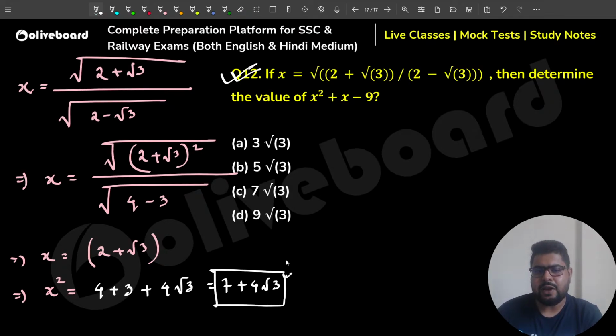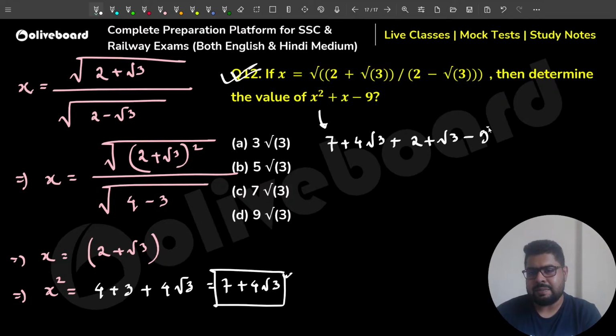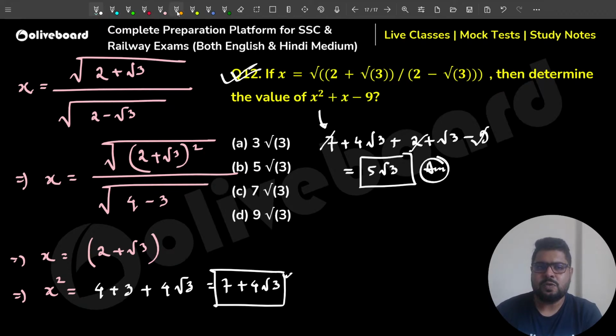Put the value in over here: x square is 7 plus 4 root 3, plus x is 2 plus root 3, minus 9. Minus 9 and 7 plus 2, 9 cancels. So 4 and 1, 5 root 3 is your correct answer, which is nothing but option number B.